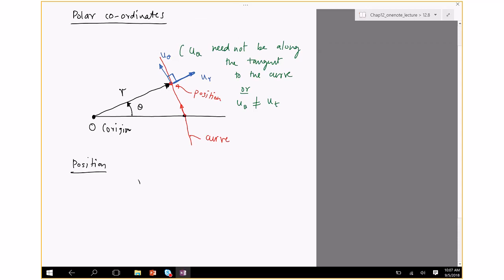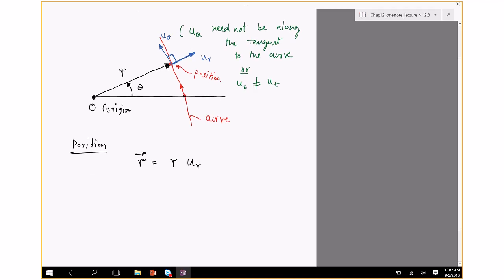The position is r, and r is simply the magnitude of r times the unit vector in the r direction. Velocity. To find the velocity, we need to take the vector r, differentiate with respect to time, and the derivation takes a little bit of steps.